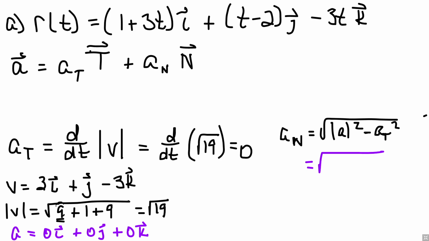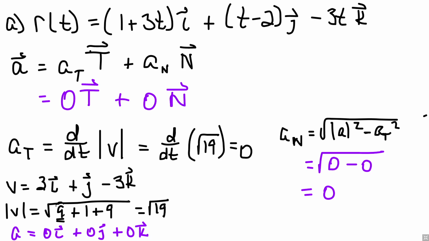Yeah, the magnitude of the acceleration vector is 0 minus, we already found that a sub t was 0, so we end up with 0. So for this problem, in place of a sub t, we put 0. In place of a sub n, we put 0. And this will be our acceleration vector written in terms of the unit tangent and the unit normal. Any questions?